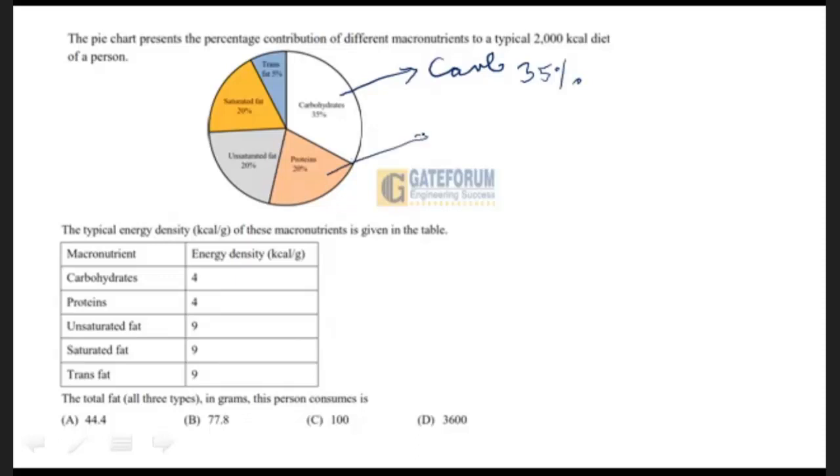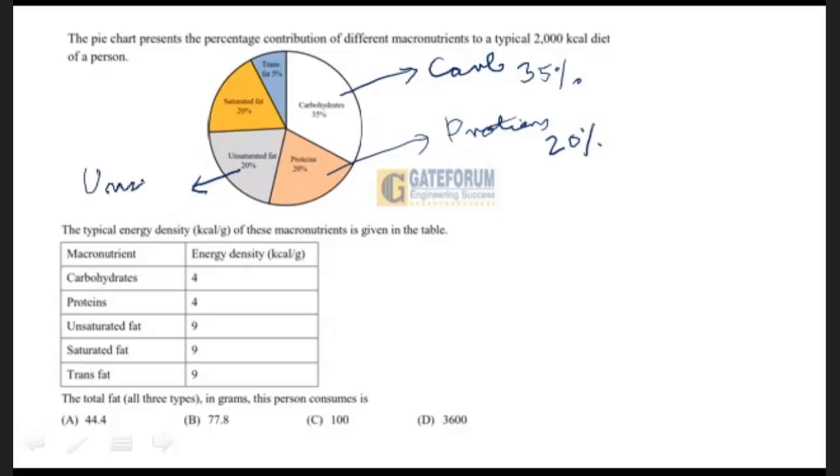This is, as I can make out, proteins. That is 20%. This, I think, is something in the form of unsaturated fat. Oh yes, unsaturated fat.